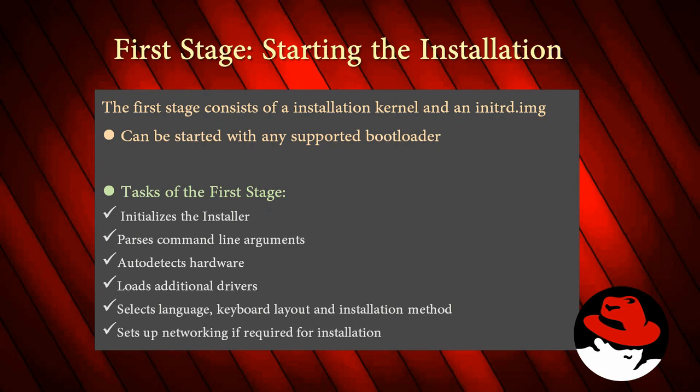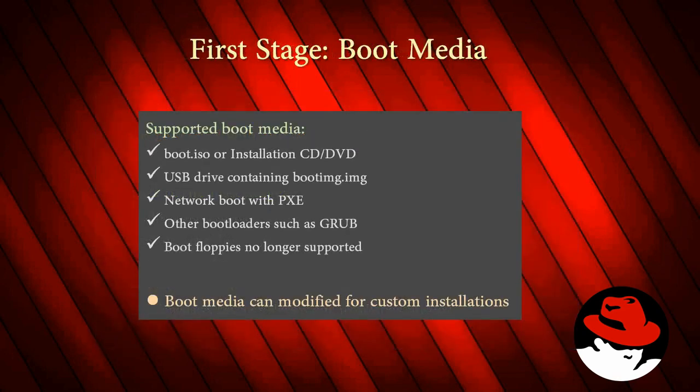It auto detects the hardware. It loads additional drivers. It allows you to select language, keyboard layout, and installation method. It sets up networking if required for the installation. The first stage is with boot media, where you boot the CD or DVD drives.